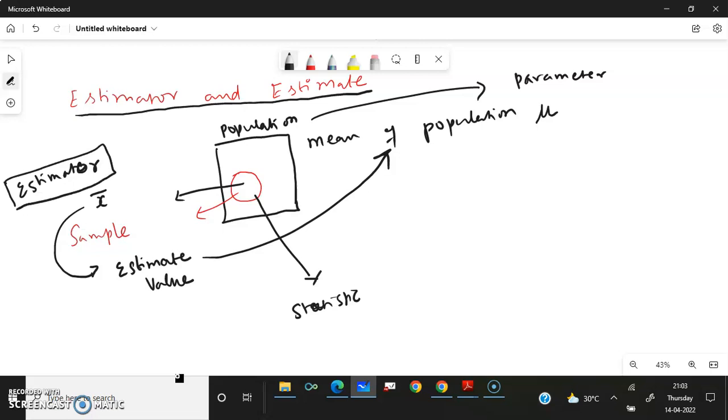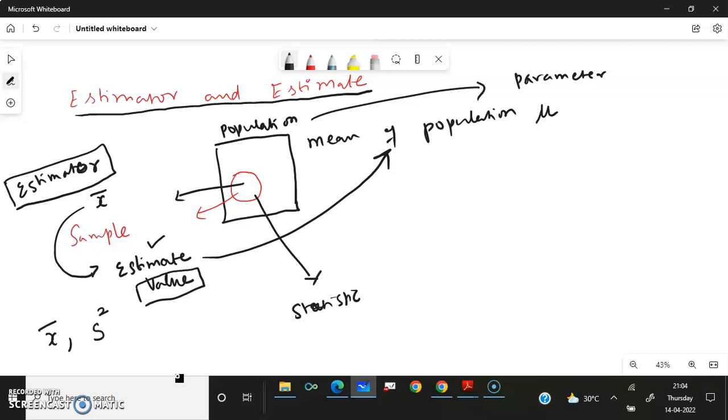And a particular value of the estimator is known as the estimate of the population, estimate of the parameter, right? The estimated values of the sample mean and sample variance are denoted by x bar and S square.